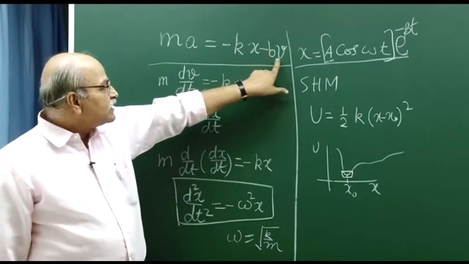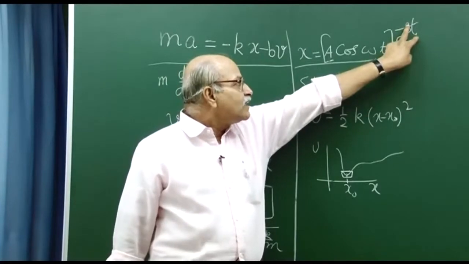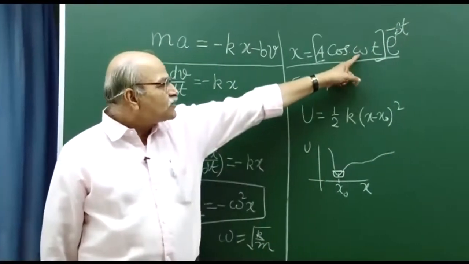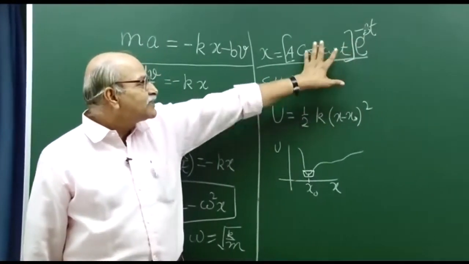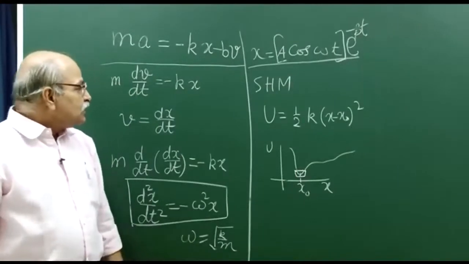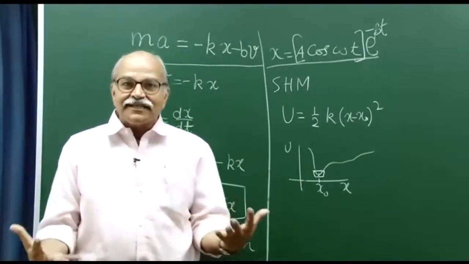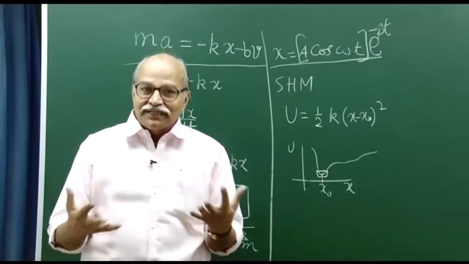If that be the case, then you have a decreasing amplitude because of this factor. This frequency also slightly changes. If this damping is small, then the difference is not much.